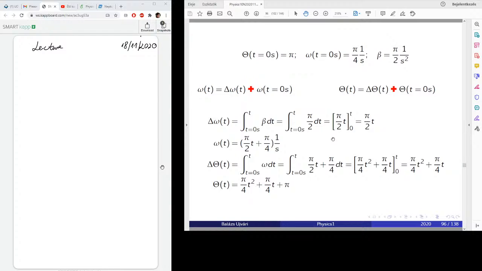For example, omega of t is nothing else than omega at t equals 0 plus the integral from 0 to t of the angular acceleration, which is pi over 2, and that will be pi over 2 plus pi over 2 t.